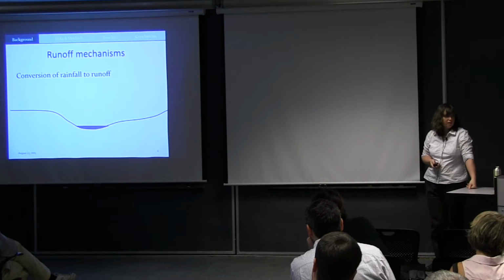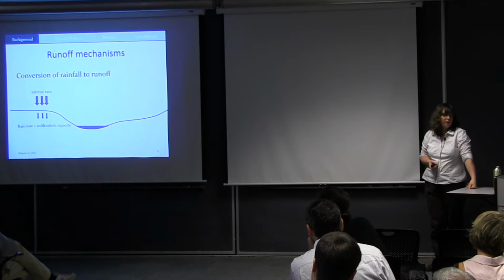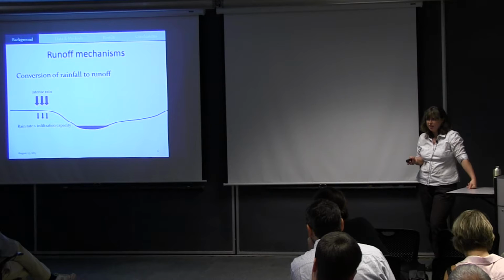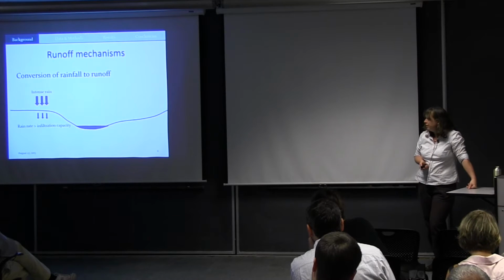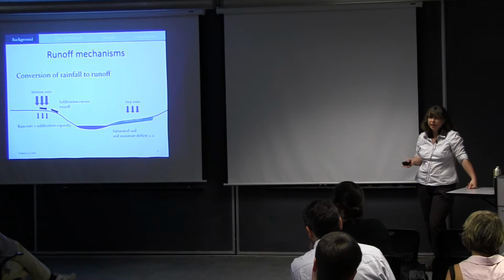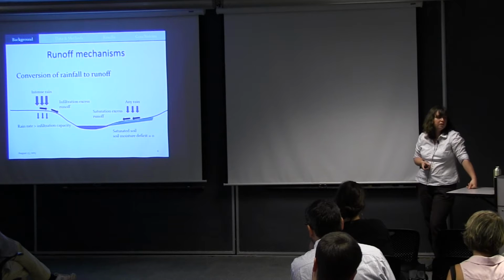Either the rate of rainfall exceeds the infiltration capacity of the soil, and whatever that excess is runs off. Or if we have saturated areas in the landscape, then any rain that falls on that saturated area has nowhere to go, so it can also produce runoff.